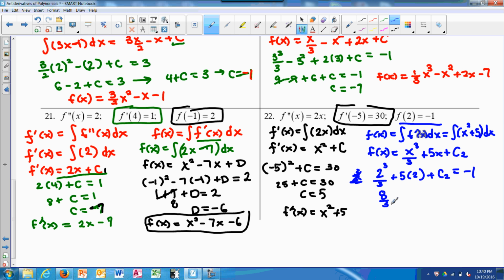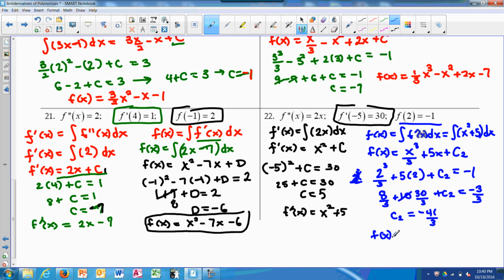So 8/3 plus 10, which I'm going to rewrite as 30 over 3, plus the constant that's unknown, equals -1, so I'm going to write that as -3 over 3. So 38 over 3 subtracted makes C2 equal to -41 over 3, which is just an unfortunate constant, but that's our answer.